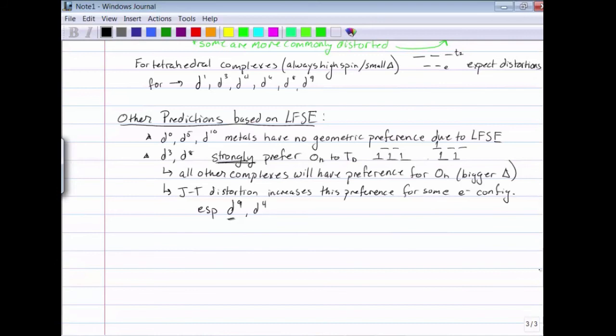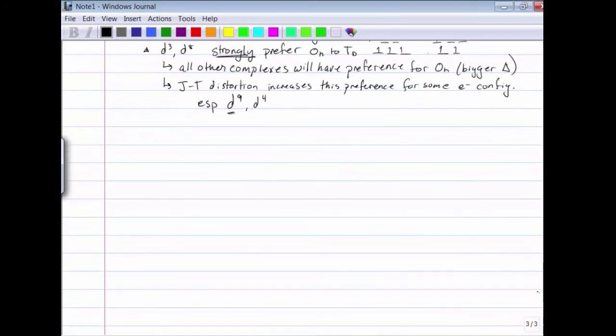Okay, so let's look at some electron configurations. I'm going to draw a lot of electron configurations across the page here. I'm going to draw my tetrahedral diagrams on top and my octahedral diagrams on the bottom, and I'm going to start with d0 metals. I'm going to draw very tiny electron configuration diagrams here, tetrahedral and octahedral. So for d0, you obviously have nothing here.